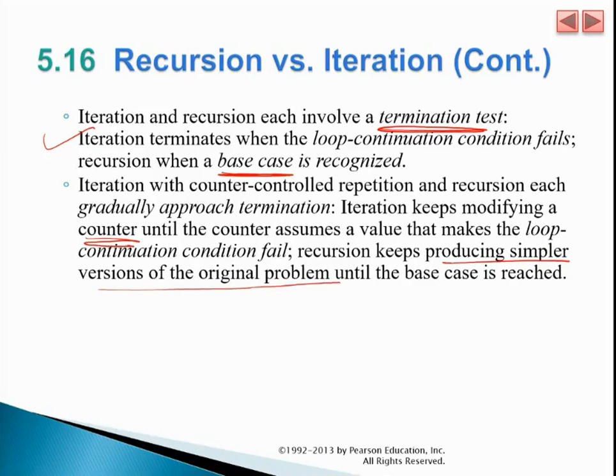So both have repetition in different ways, both have a termination condition, and both have a controlling structure. One works on the looping variable and one works by calling the same function for a smaller problem. This is how these two are related.